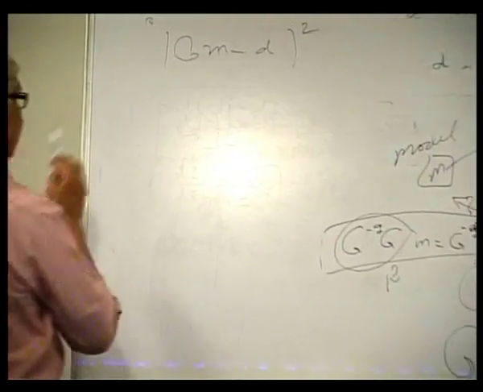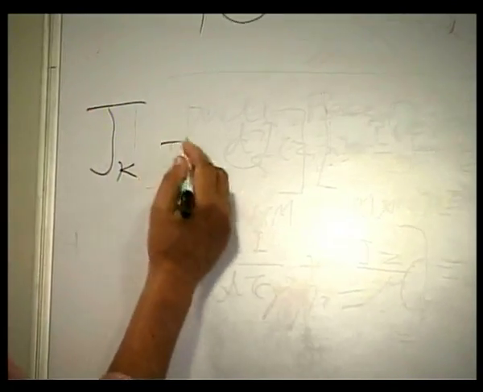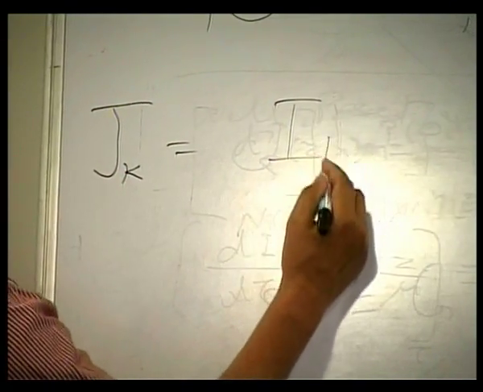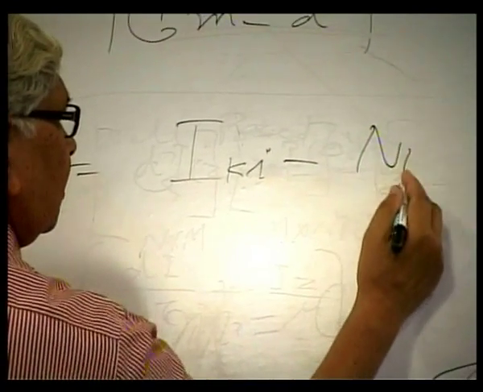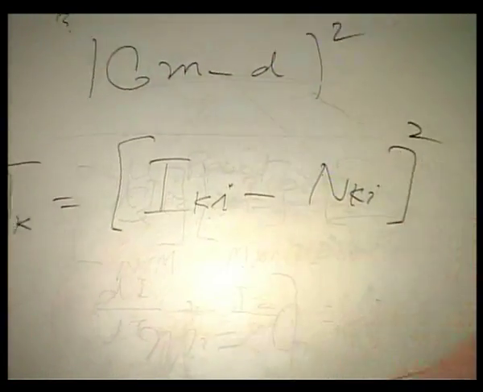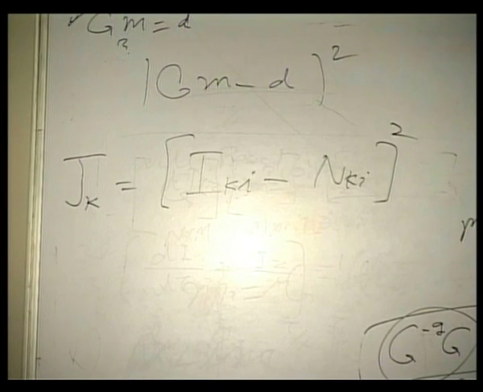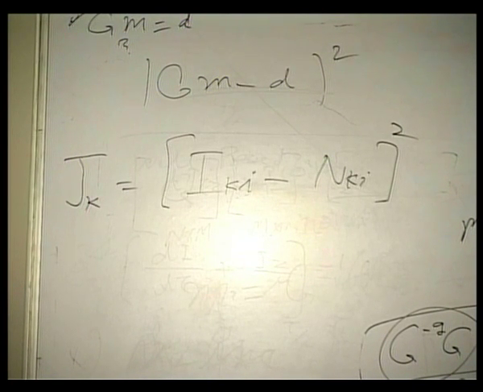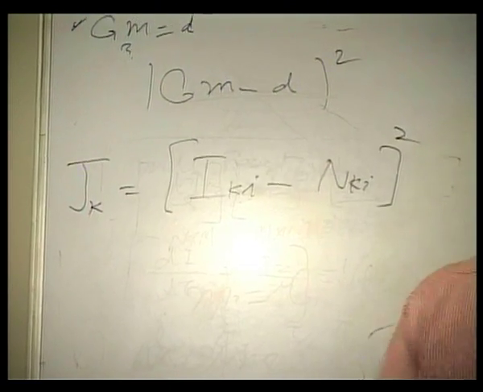So let me say that here is my cost function. I wish to minimize the least square norm, that means the departure from identity of this data resolution matrix.